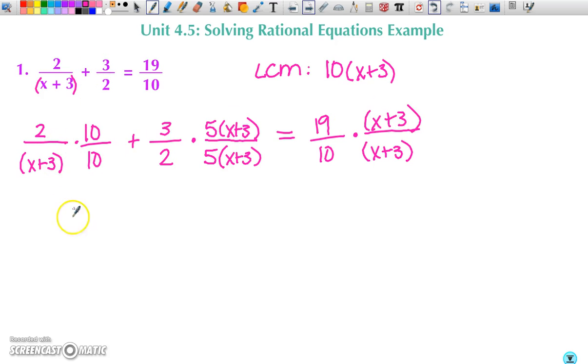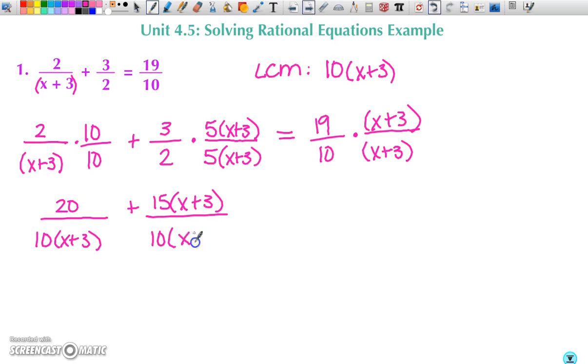So our first fraction is now 20 over 10 times x plus 3, plus, I'm going to go ahead and multiply the 3 and 5 on the outside, so 15 times x plus 3 over 10 times x plus 3, equals 19 times x plus 3 over 10 times x plus 3.